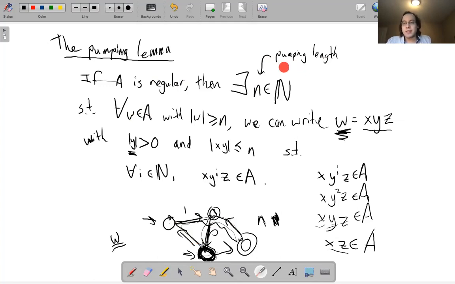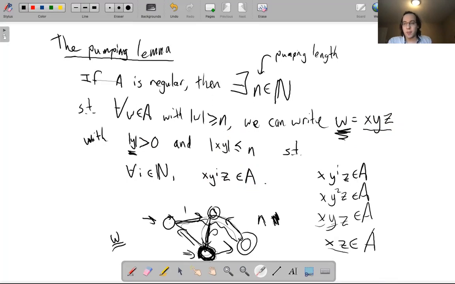There's going to be some pumping length n such that for all strings in the language that are longer than the pumping length, we have this decomposition of the string into three pieces, where the middle piece is non-empty and occurs within n symbols of the beginning, such that we have this pumping property where we can repeat Y multiple times, this is called pumping it, and we get these other strings, all of which are in A. This is the pumping lemma.